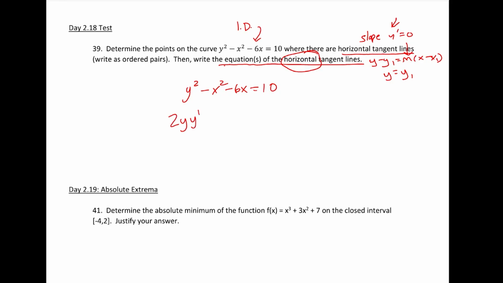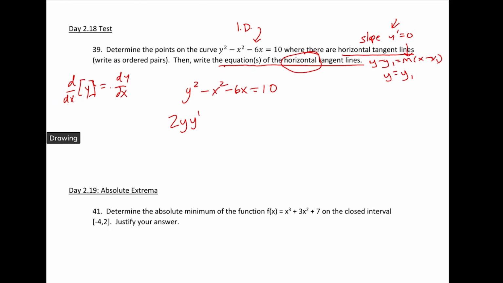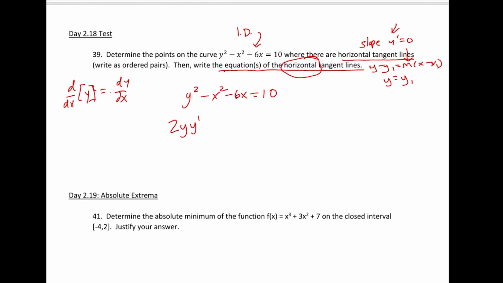rule. Recall that the derivative of y, in terms of x, is 1 times the derivative of y. Another way to think about it is if we're trying to find the derivative of a function that's not x but is in terms of x.